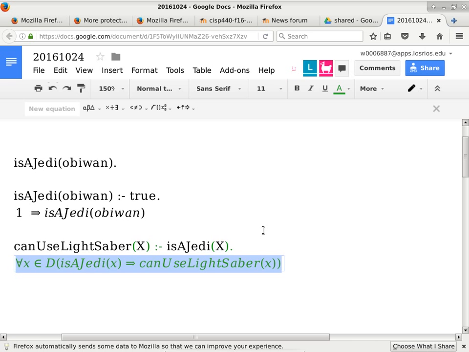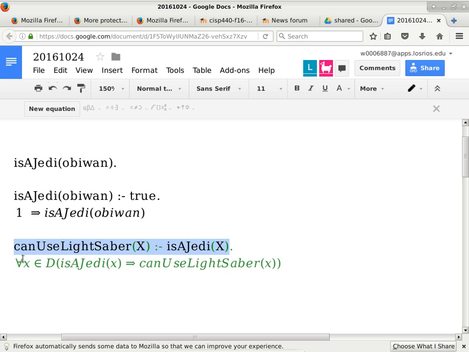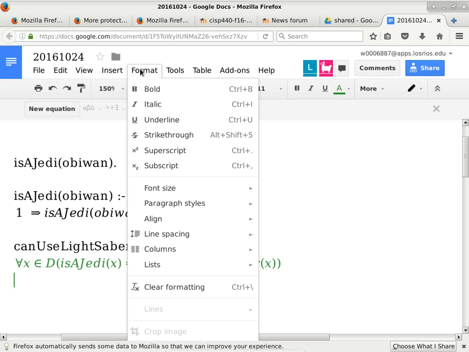So right now we're just talking about the syntax of, okay, this is how you do things in Prolog, but this is actually what it means in terms of logic. This is what you specify in Prolog, and this is what it means when we are dealing with just the logic. And for those of you who really want an English version of this, we can also do that. Let me turn off all the formatting, clear formatting.